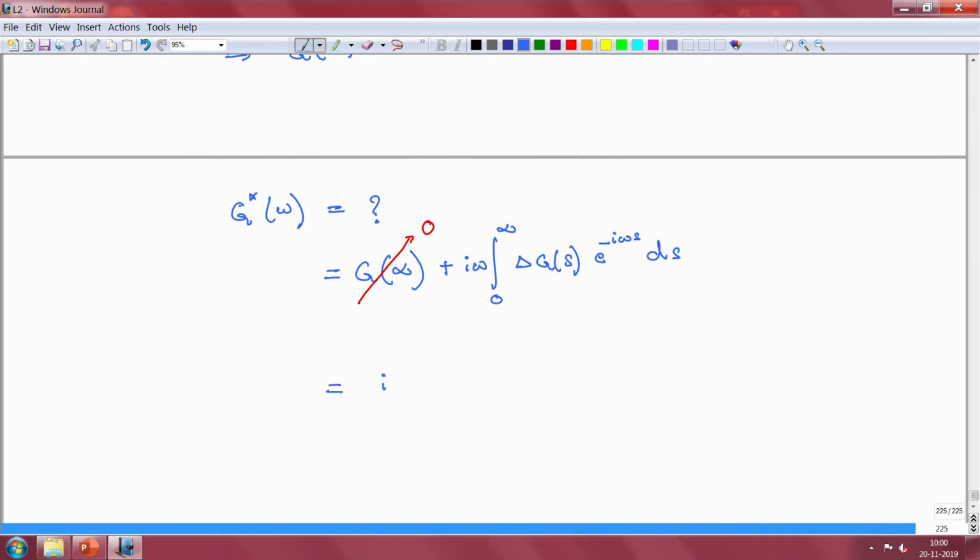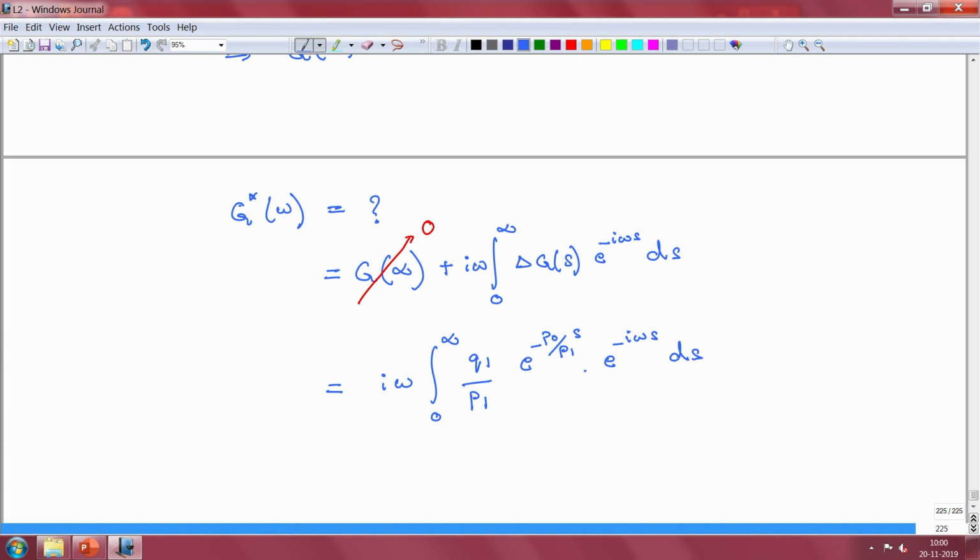So, now you have I omega, and this is integral 0 to infinity, and we replace the quantity that we already have for delta Gs, and we can just write it as Q1 by P1 e to the power minus P 0 by P 1 s into e to the power minus I omega s ds.